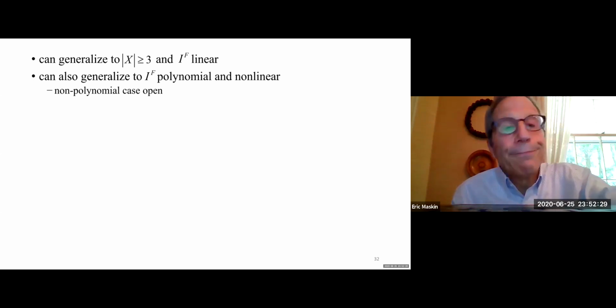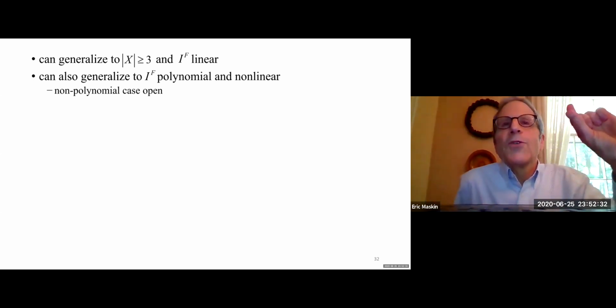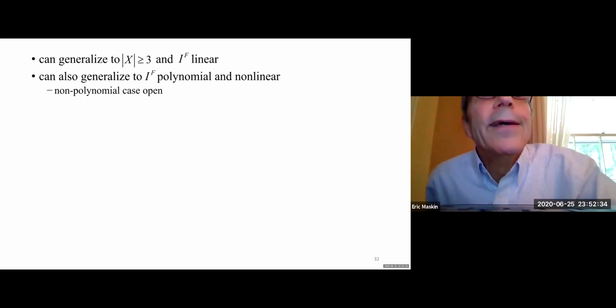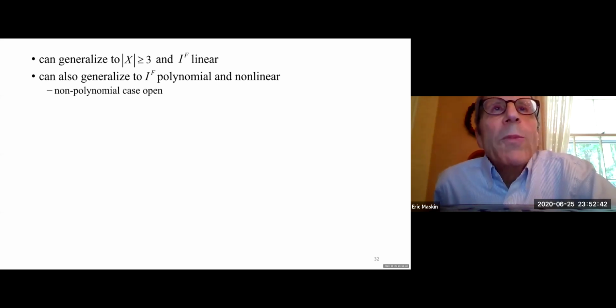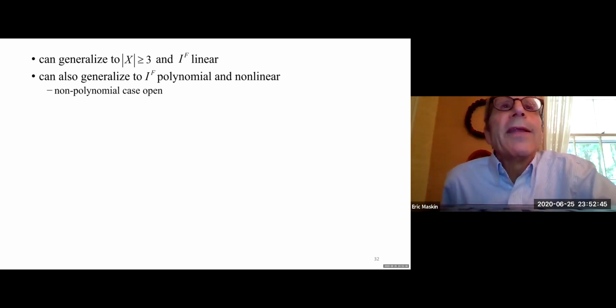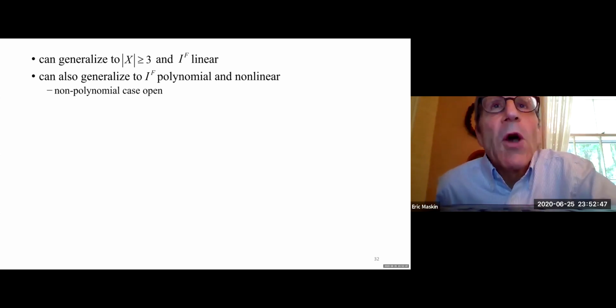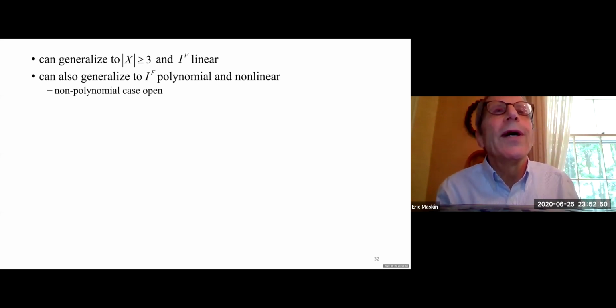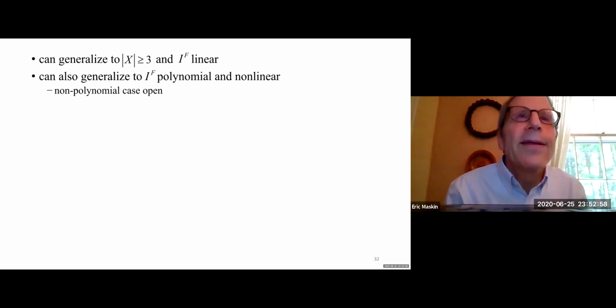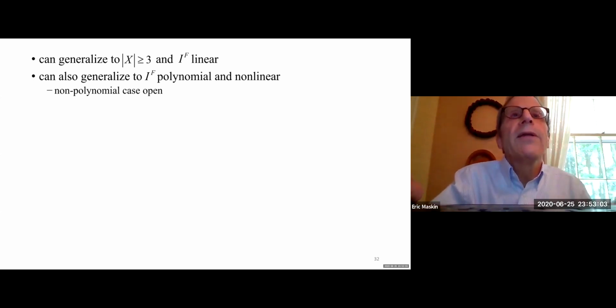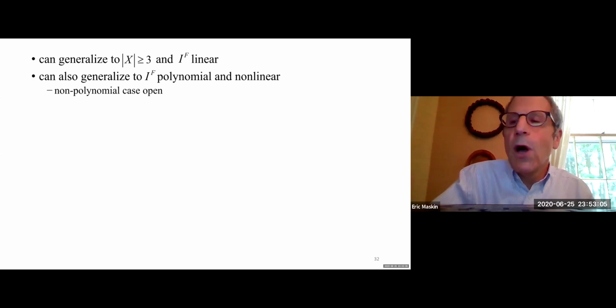There's a sense in which it's a very small gap, because any nonlinear, non-polynomial curve can be approximated arbitrarily closely by a polynomial curve. So practically speaking, this is not an important open case, but mathematically, it would be nice to settle. So the non-polynomial case is still open.